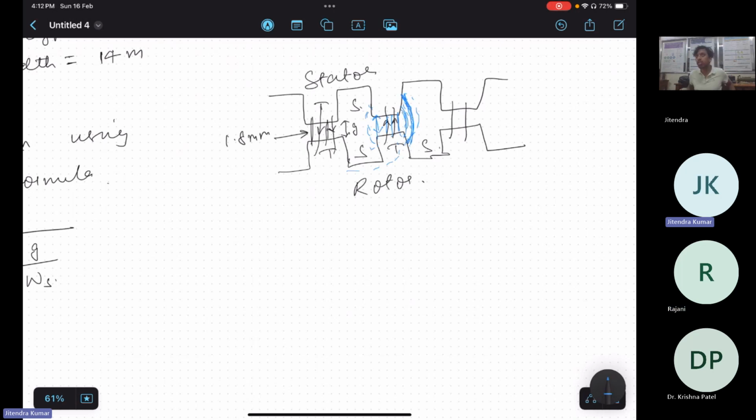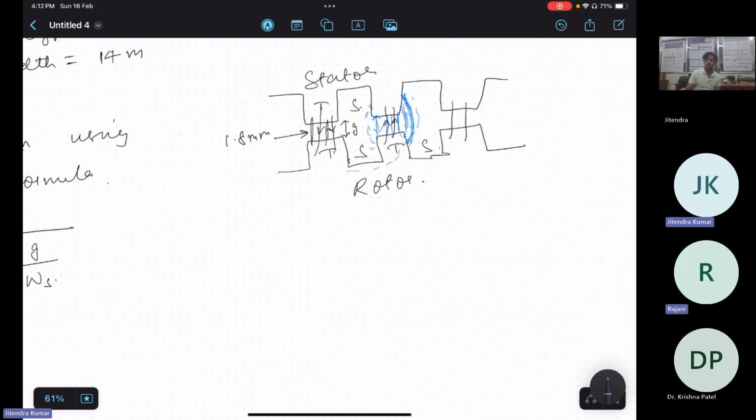You do not have control over all the flux lines. Some flux gets deviated from its original path. That is why fringing happens, and that is why to incorporate that into the analytical equation we use Carter's coefficient.